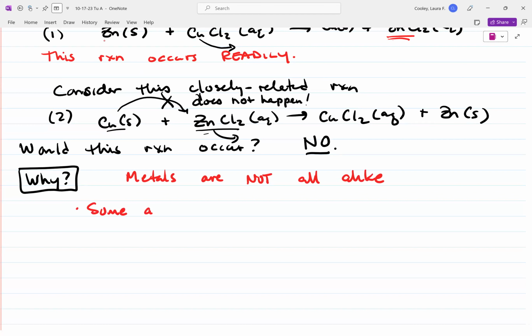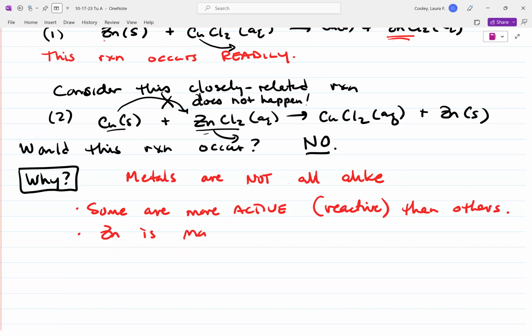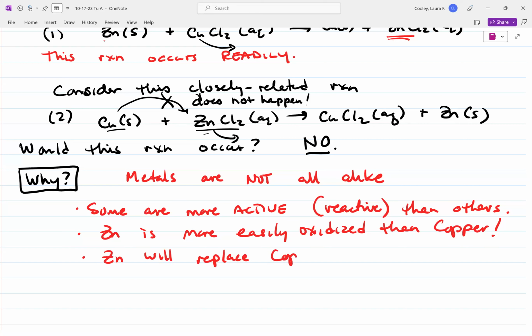Some are more active, which really means reactive, than others. Zinc is more easily oxidized than copper. So what happens is that zinc will replace copper in this type of reaction and become positively charged.